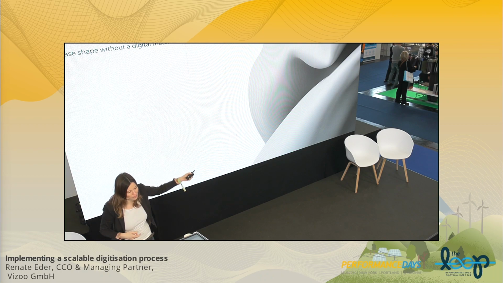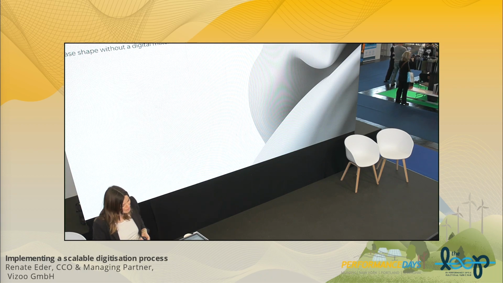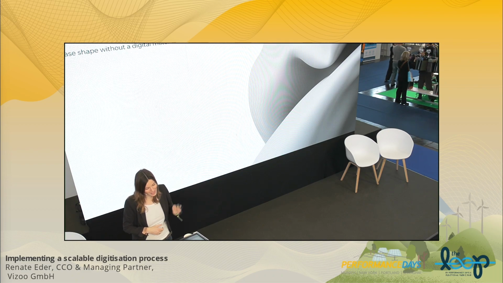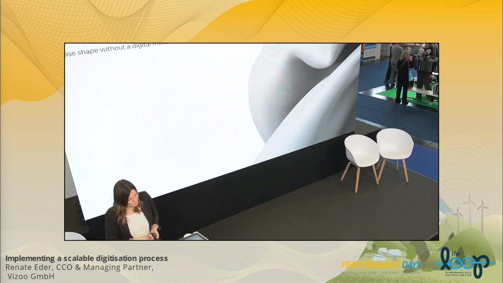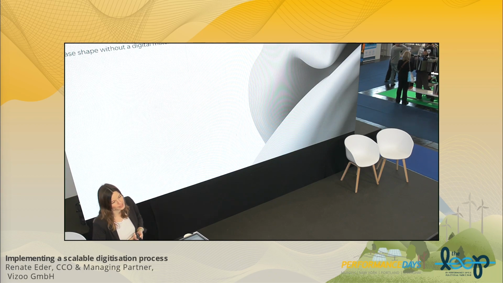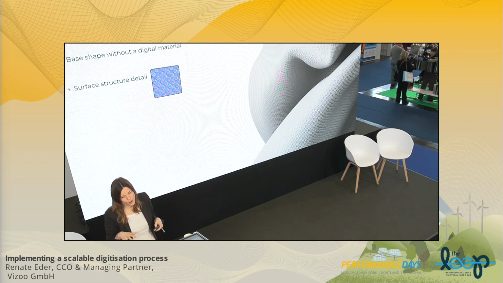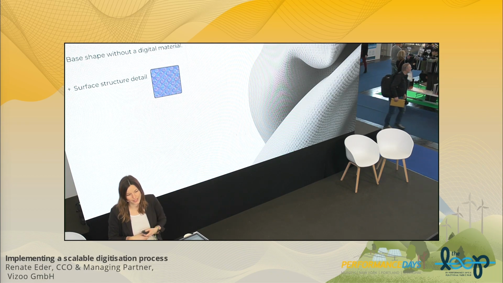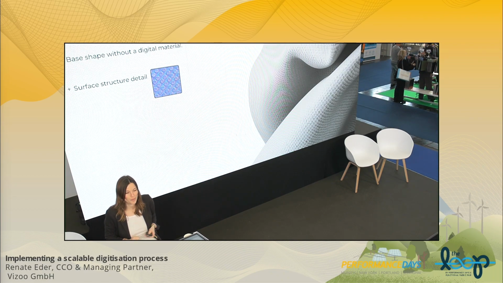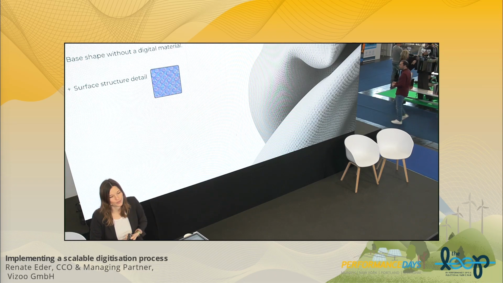Assuming we have some shape, could be a jacket, a pant, or whatever 3D shape you envision. On this base shape, we would now apply the visual properties of a material, starting with the surface structure. Here, we're talking about this image-based description of a surface structure, and then this would change the look of the geometry in your 3D program.